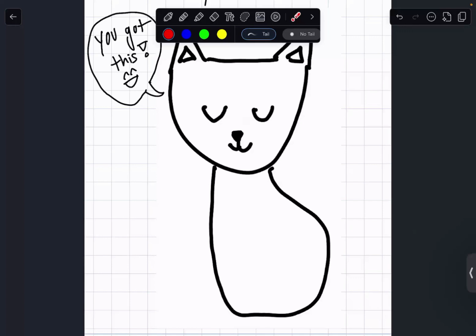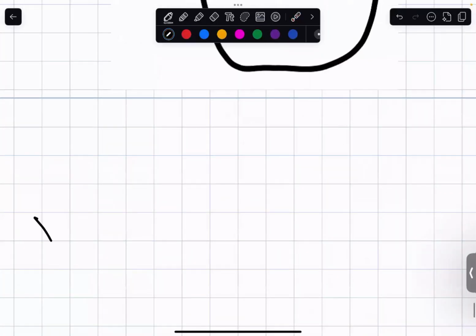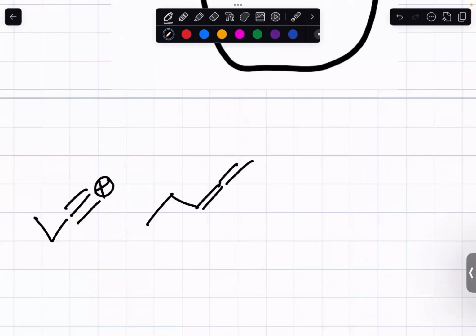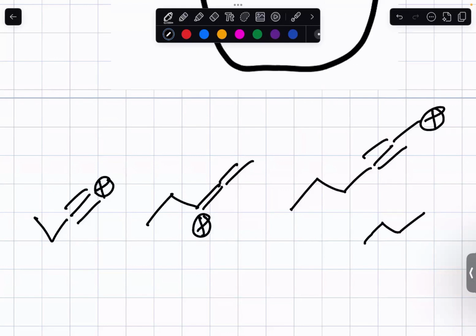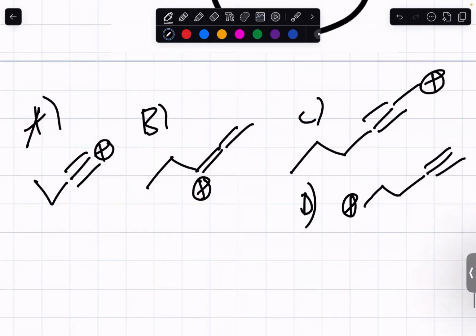Yeah, mass spec is going to be multiple choice with the propargylic fragment, right? So it's going to ask you which is the major structure, like A, B, C, or D for mass spec.